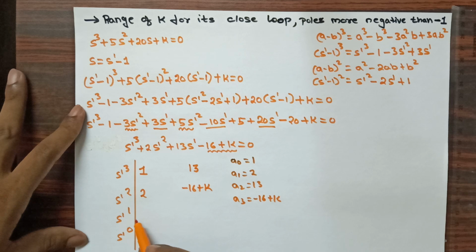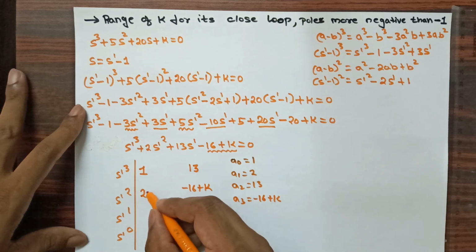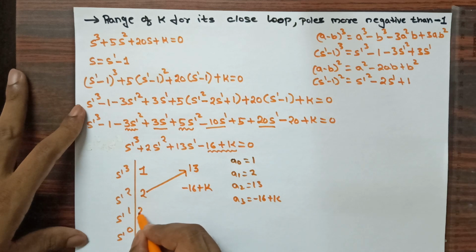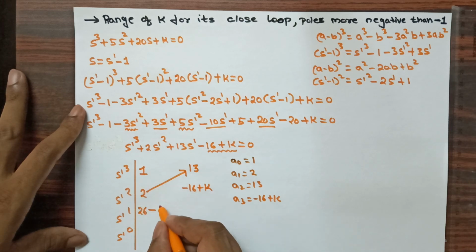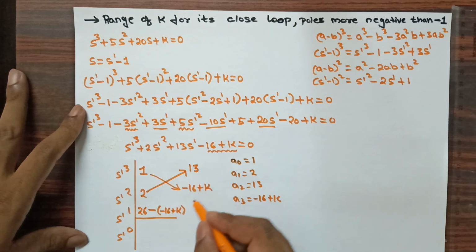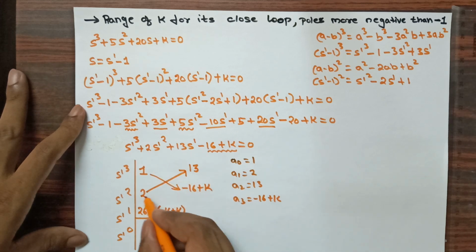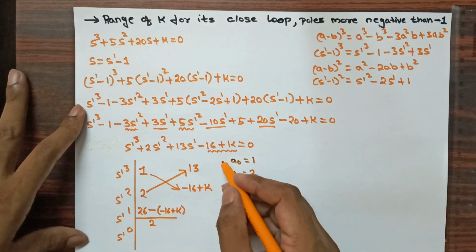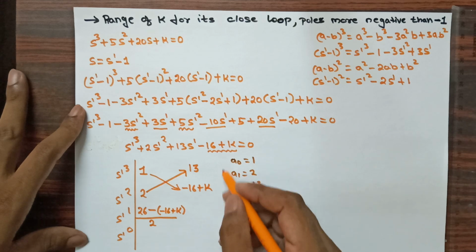Next we are going to form the third row, that is by multiplying 2 into 13, that is 26, minus 1 into minus 16 plus k, whole divided by 2. And to get the second term of the third row, I do not have any coefficient value here, that is 0.